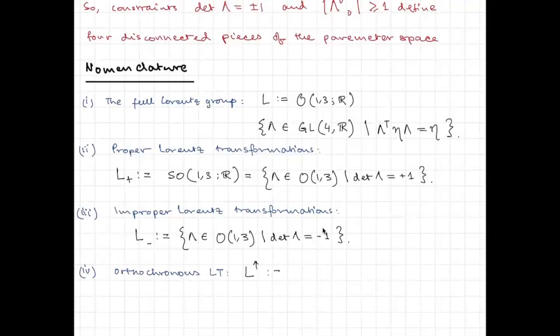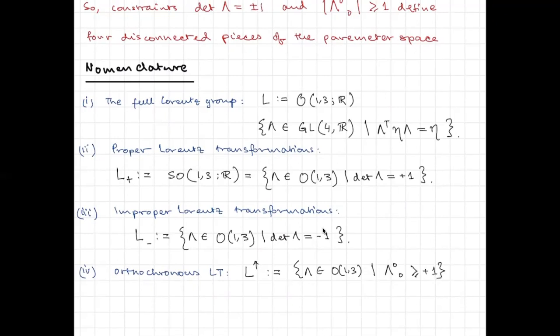This means that lambda is going to belong to O(1,3). That is fine. And now your determinant, so lambda naught naught is going to be greater than or equal to +1.